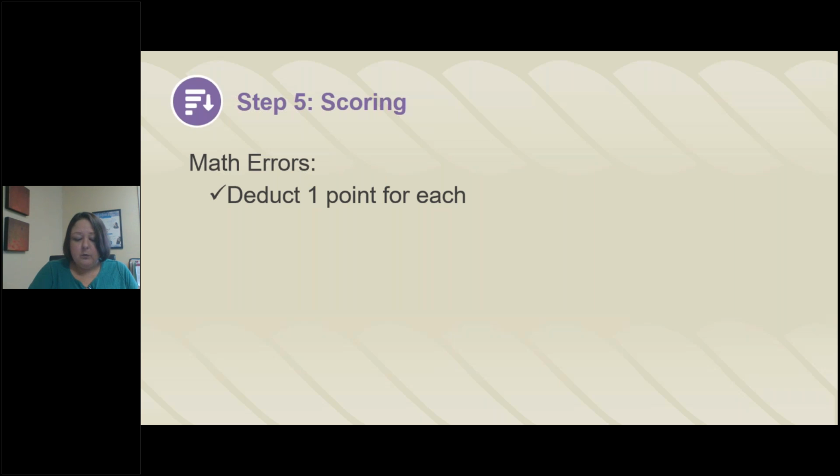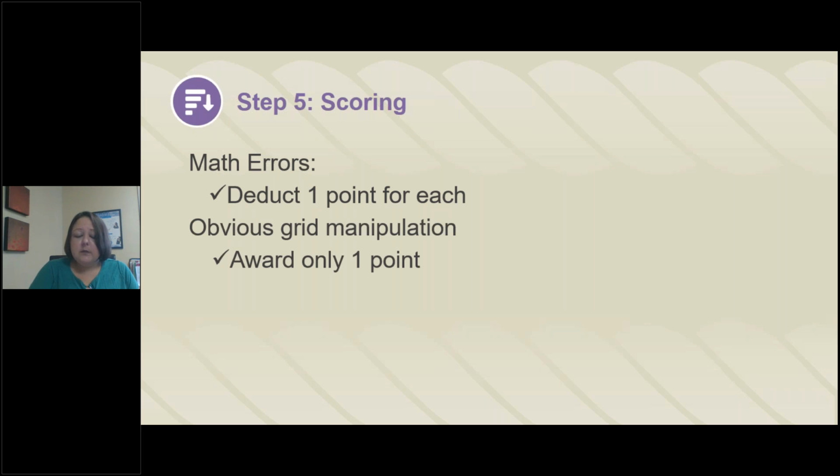Once you've deducted that point, you don't penalize them a second time for something resulting from that same issue. Now here's a concern, obvious grid manipulation. This is where they have ranked their solutions so that the best solution got 8s on all 5 criteria, and then the next one got 7s on all 5 criteria, and 6, and so on.